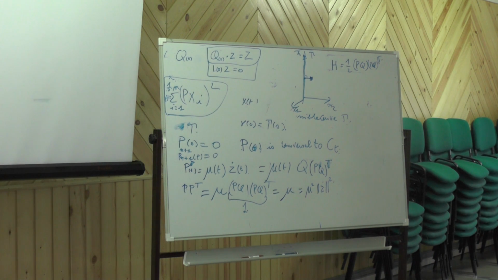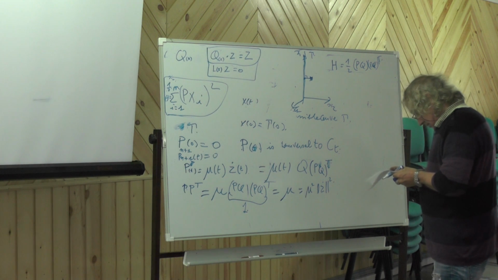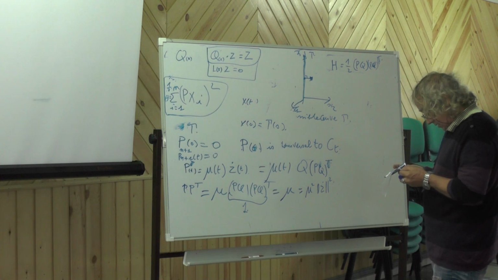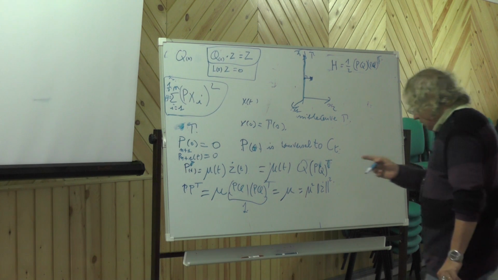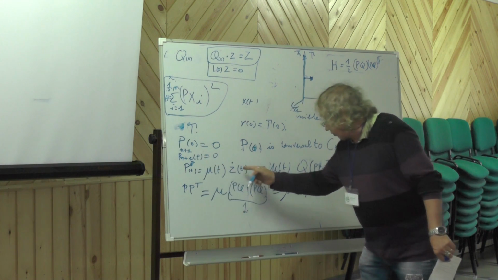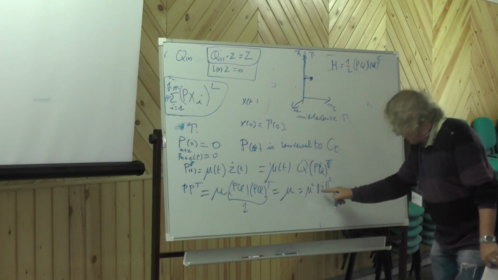Why this? Just because P transpose is equal to mu z dot, and if you multiply by P, apply it twice, you get that it is mu square norm z dot square.